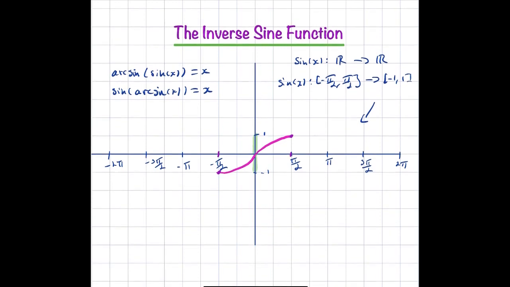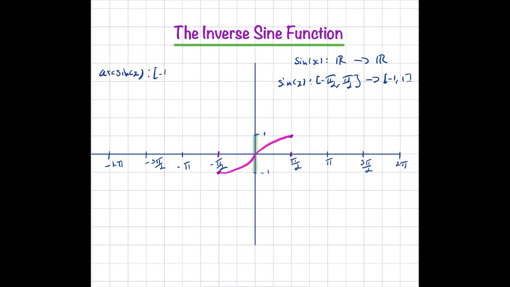This, of course, means, because arc sine is the inverse of sine, and the domain of the inverse is the range of the function, and the range of the inverse is the domain of the function, that arc sine of x is going to go from [-1, 1] to [-pi/2, pi/2]. Let me move this over so I have enough space and it's not too squished.